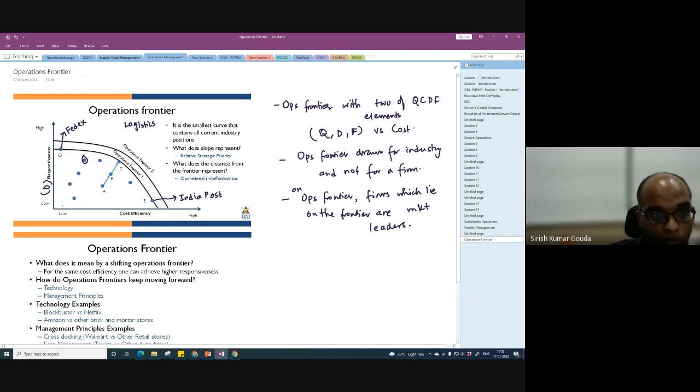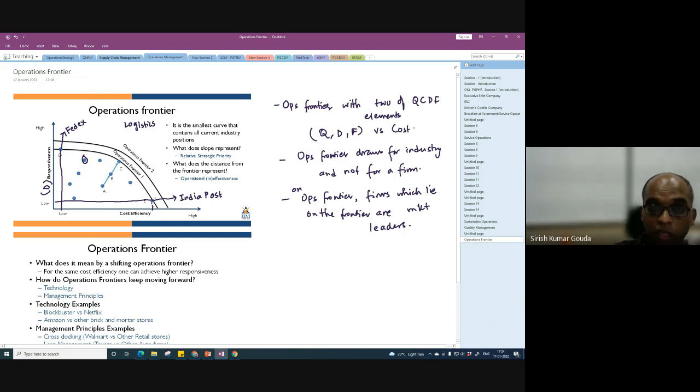A firm like India Post has very high cost efficiency, but relatively low responsiveness. On the other end, a company like FedEx has very high responsiveness, but its cost efficiency is very low.